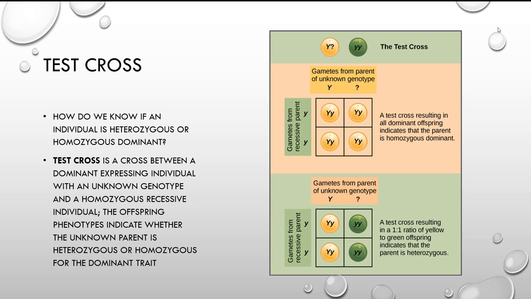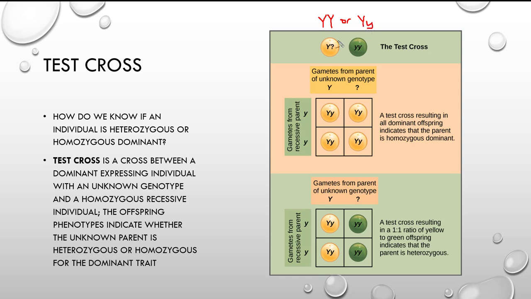Okay? So for example, let's say that we have some mysterious yellow pea plant, and we don't know if this pea plant is homozygous dominant or heterozygous. So this pea plant could be big Y, or it could be big Y, little y.